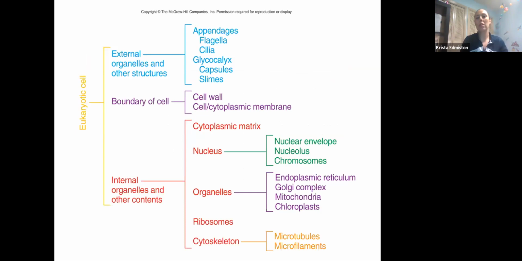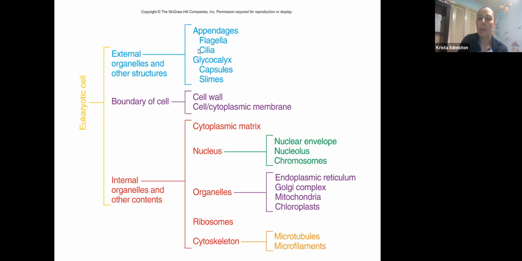Okay, so what does a eukaryotic cell have? We've been talking about prokaryotes mostly, but eukaryotes have nice complex membrane-bound organelle structures. So we have internal structures like the nucleus, and our organelles we'll talk about today: endoplasmic reticulum, Golgi, mitochondria, chloroplast, things that we've all seen before.